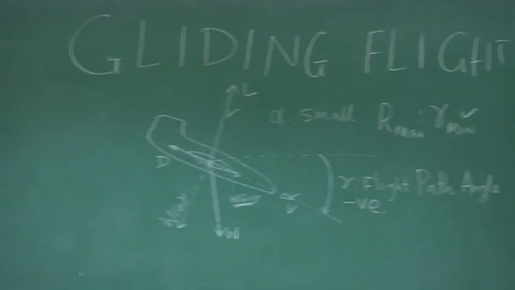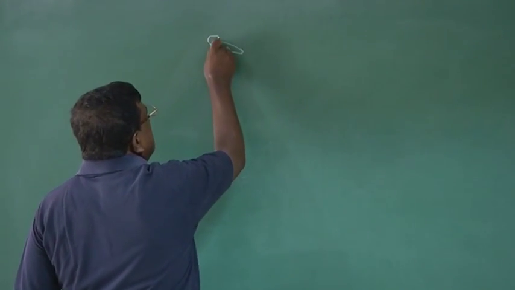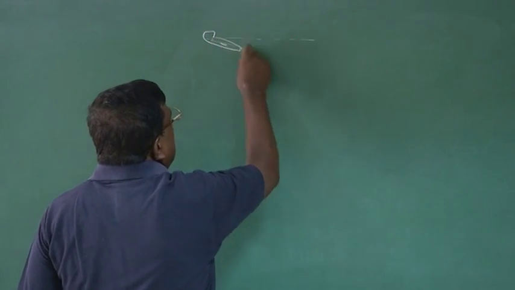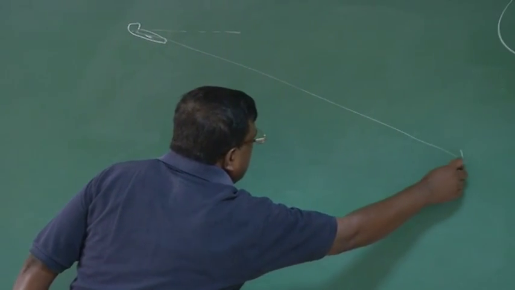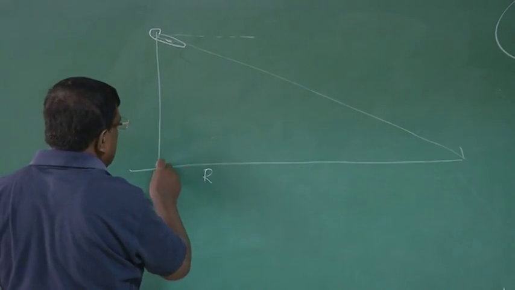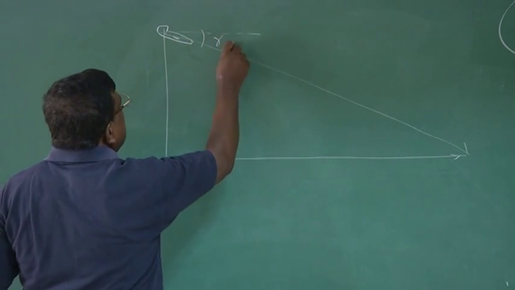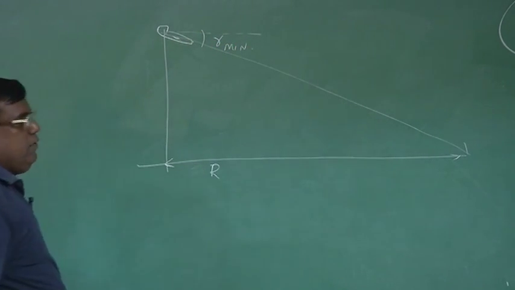Okay. So we have seen if this is the glider coming down like this, for maximum range this gamma should be minimum, as low as possible.